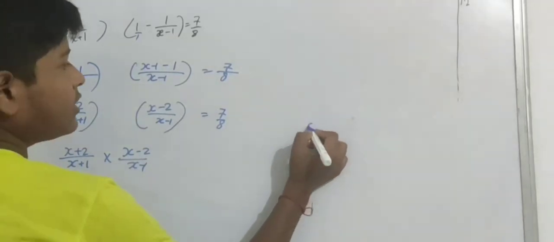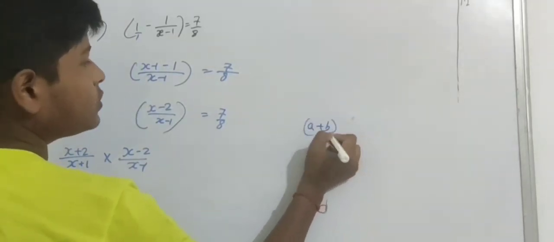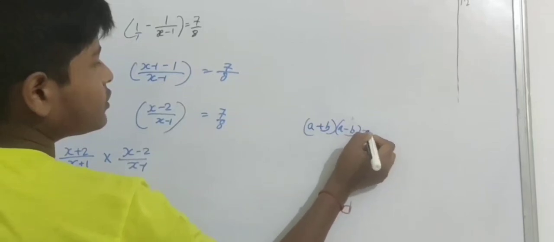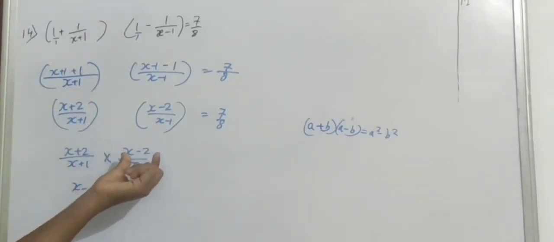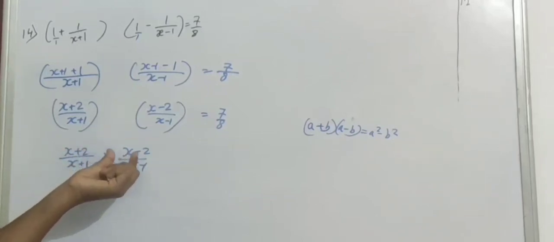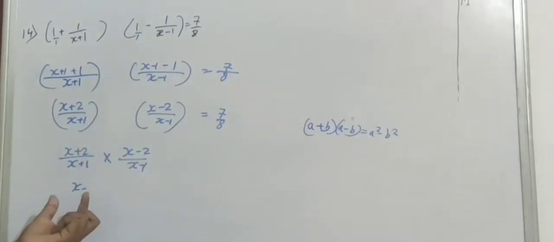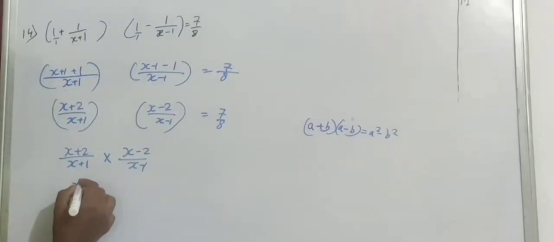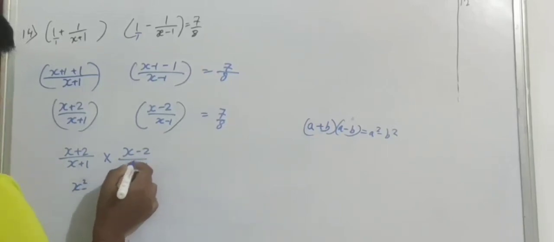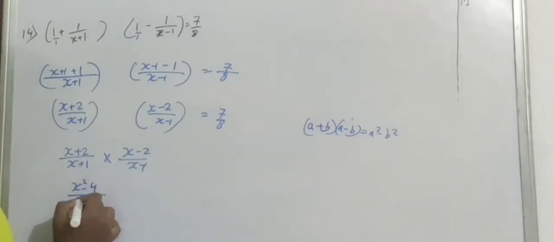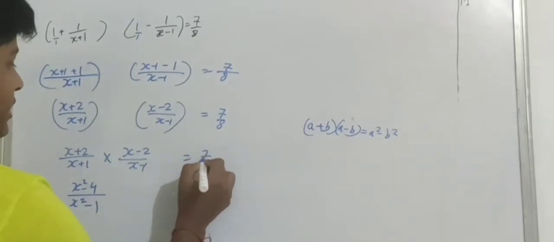The identity is a plus b into a minus b is equals to a square minus b square. So a plus b and a minus b. So it will directly be x square minus 4, and below it will be x square minus 1 is equals to 7 by 8.